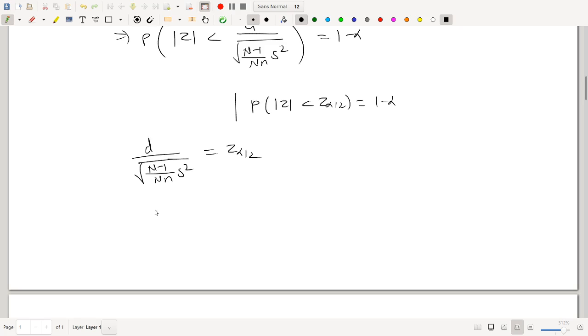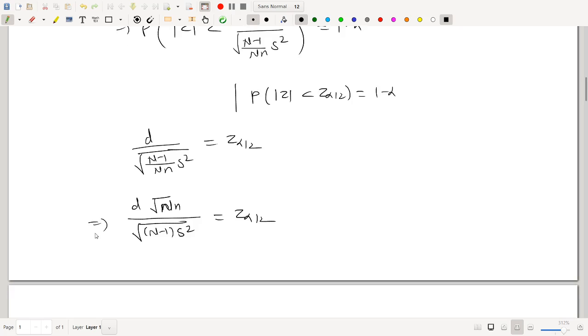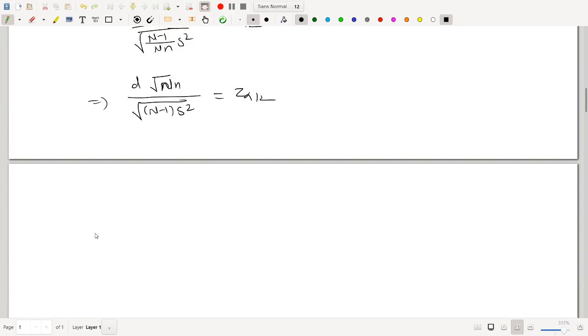So I can write this as d into root of n, upon root of (n minus 1) S square, is equal to z alpha by 2. Now take square on both sides. After taking square, this will be d square n upon (n minus 1) S square is equal to z alpha by 2 square.